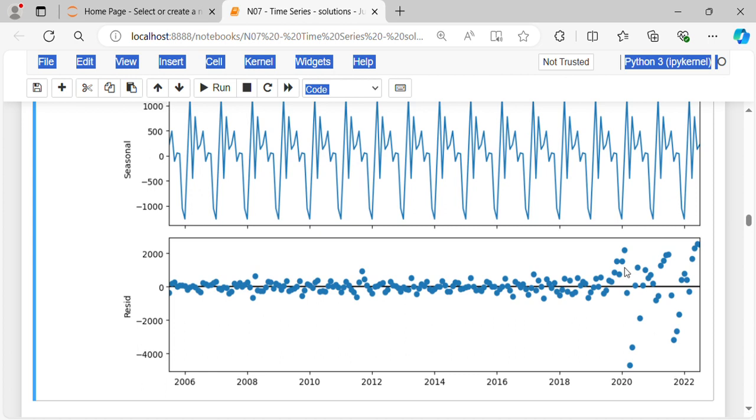And this is the seasonal additive model. And residual shows that it's mostly 0 up to 2019, and it started increasing and decreasing, that is getting away from the 0 line after 2019.